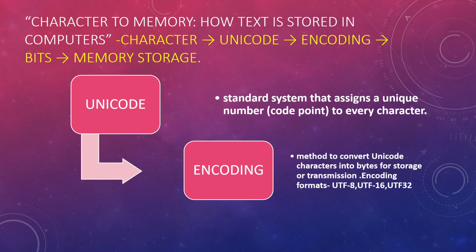Because your memory is a representation of a bulb, either on or off. When it is on, it is 1. When it is off, it is 0. Hence all the characters have to be changed into bytes for storage, or even if I'm sending some data, it goes in byte format.